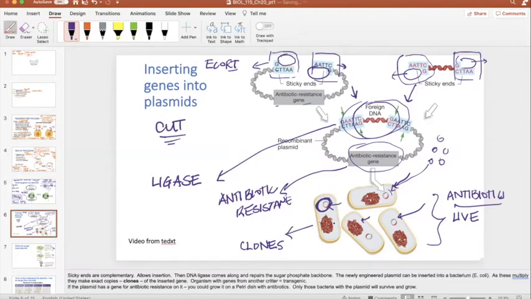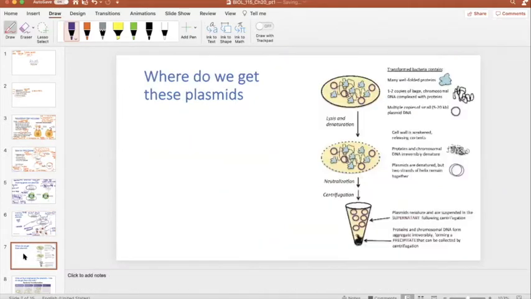Furthermore, these bacteria are transcribing and translating that gene, and so they are making our insulin that we can then use a whole other suite of biotechnology tools to isolate from the bacteria and package as medicine. Now, you might have a couple of questions about this process. For example, you might be wondering how we get these plasmids for use in the laboratory.